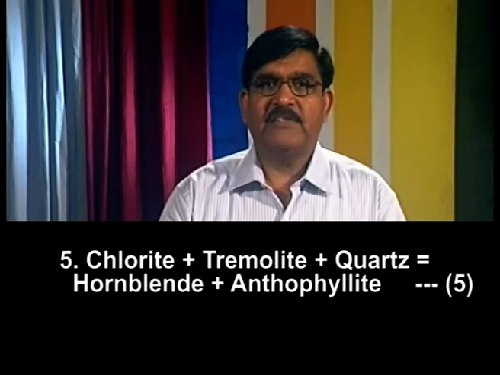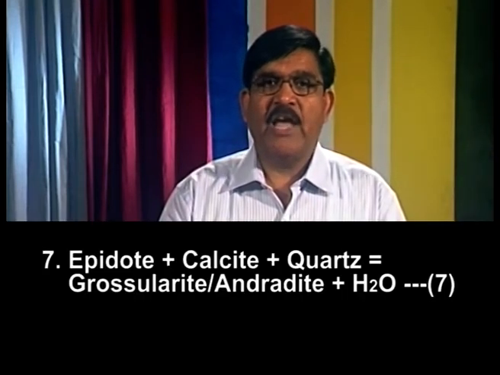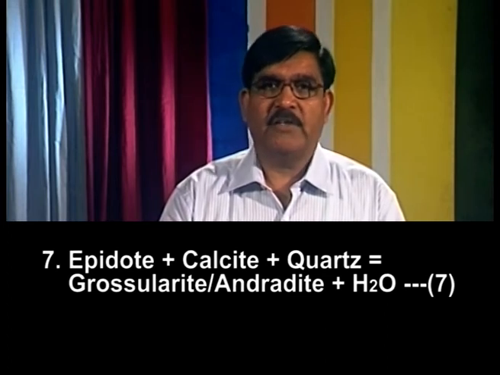Reaction fifth: chlorite plus tremolite plus quartz gives rise to hornblende plus anthophyllite. Next reaction: chlorite plus tremolite plus epidote gives rise to hornblende plus water. Reaction 7: epidote plus calcite plus quartz gives rise to grossular-rich andradite plus water.